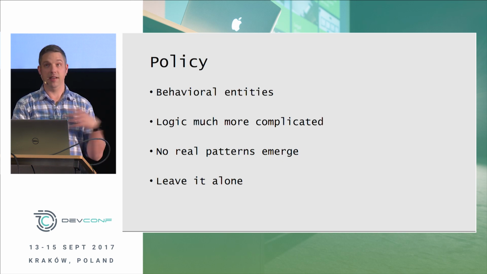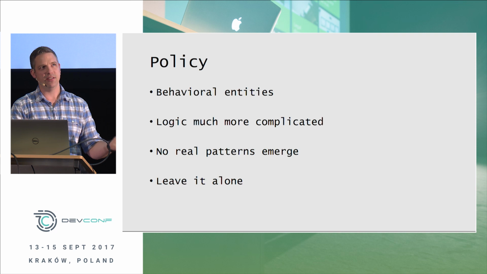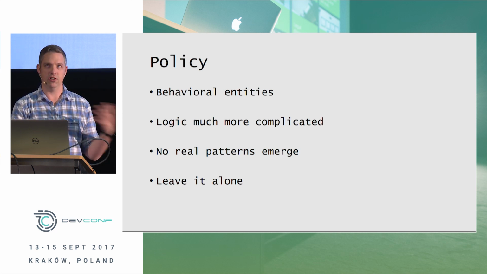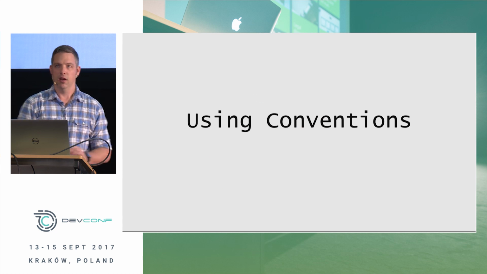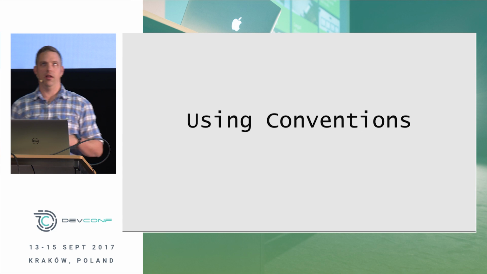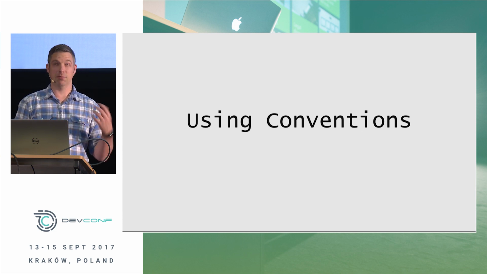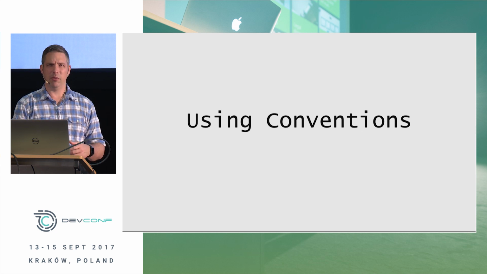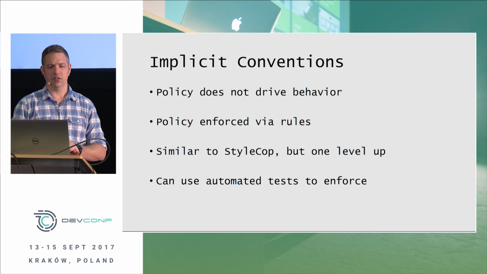Now, our team didn't stop here. This is just one pattern we saw emerge across the lifetime of our application. But what other places did we see that we wanted to enforce a set of conventions to remove these stupid arguments? There are a number of different conventions we saw. Ones that could be explicitly enforced, like AutoMapper does through its behaviors, and some others that were more implicitly enforced.